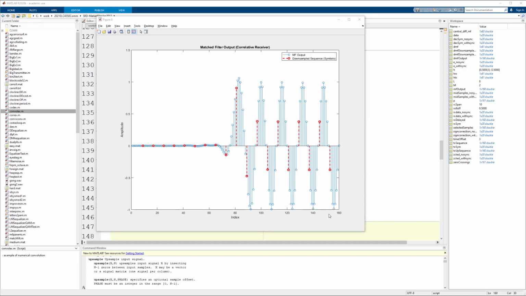Now in this example, we know I want to sample at this peak, this peak, this peak, and this peak, for my special choice of the sequence, that is positive 1 and negative 1. These peaks represent the best sampling position, or sampling offset, that gives me perfect symbols positive 1, negative 1, positive 1, negative 1.